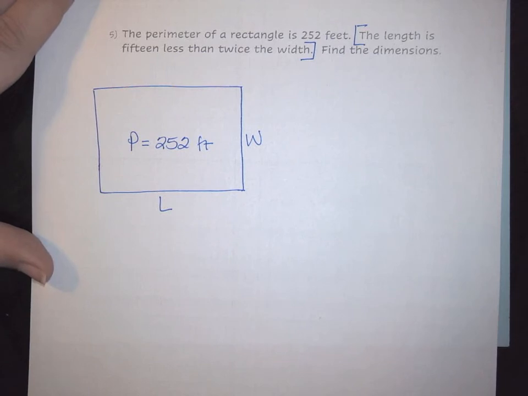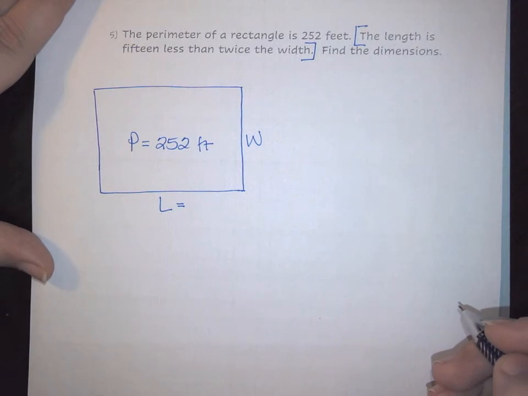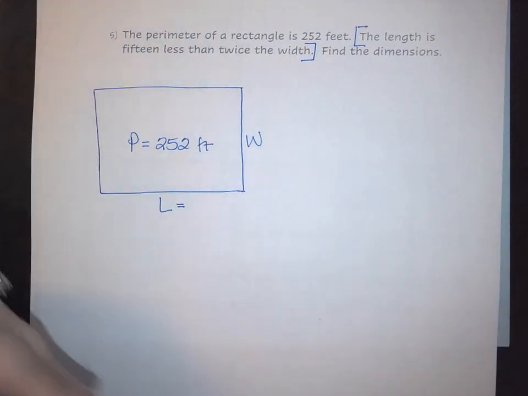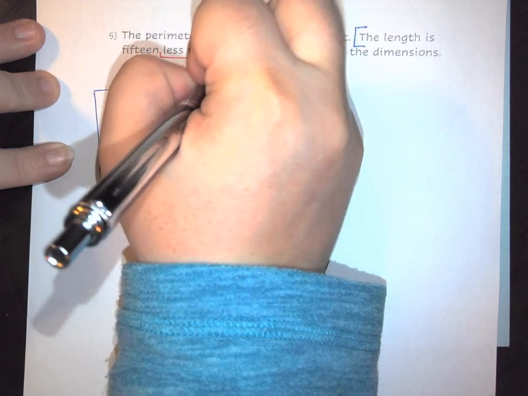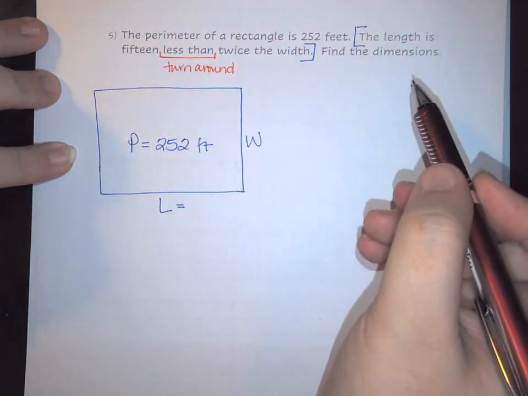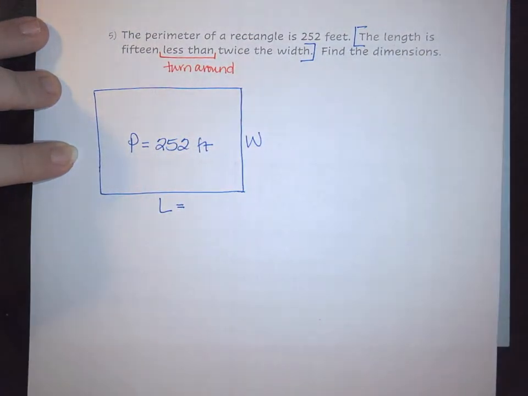So here, what that's telling us is that my length is 15 less than. Less than is a very special phrase. Less than is a turnaround phrase. And what that means is that the stuff in the back gets written first.